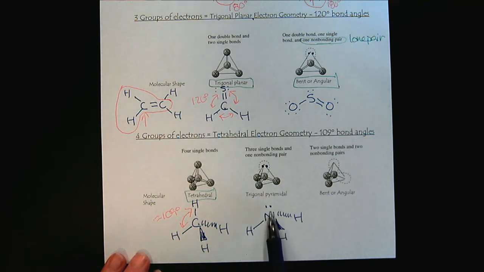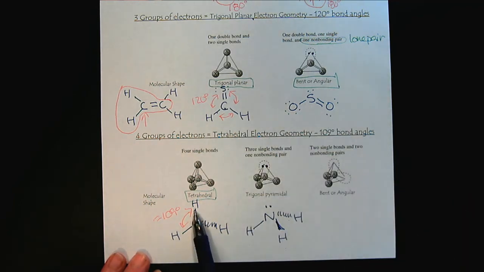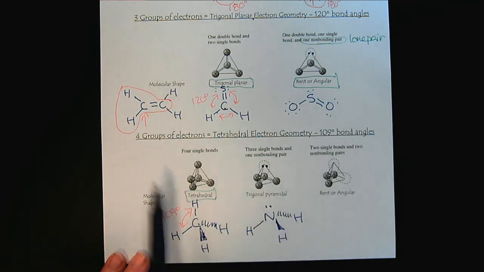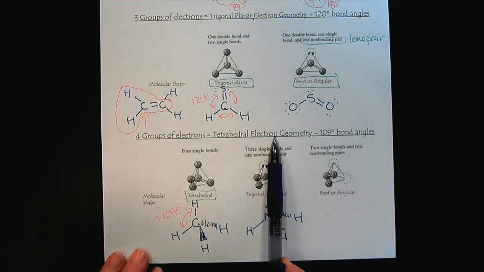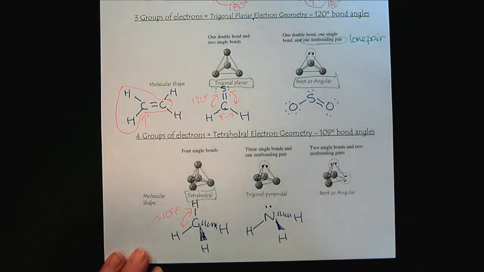So here, these 2 molecules, what do they have that's the same? They both have the same electron geometry, whether it's 4 single bonds or 3 single bonds and a lone pair. That creates the 4 groups of electrons. And now the last variation of our tetrahedral electron geometry would be when we have 2 lone pairs, 2 non-bonding pairs.